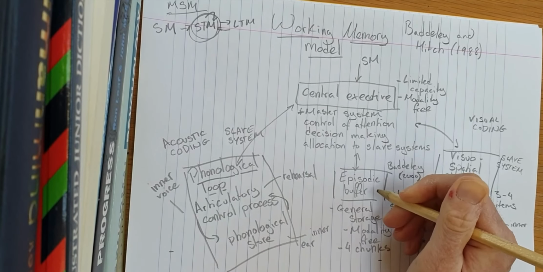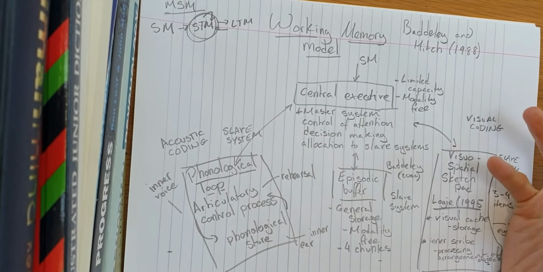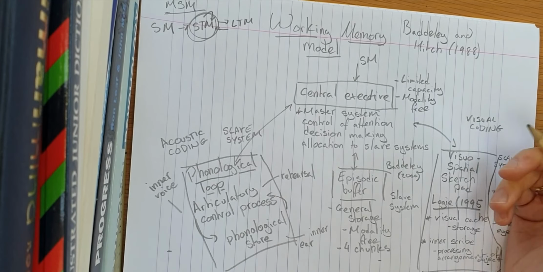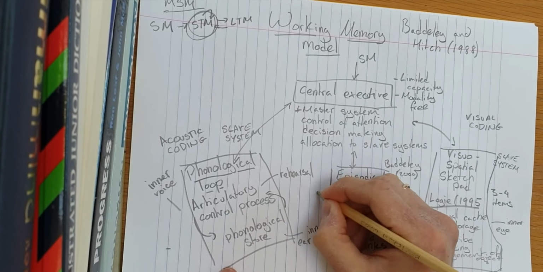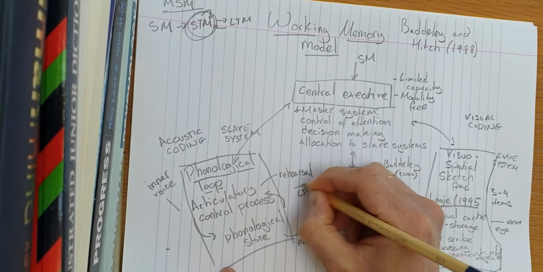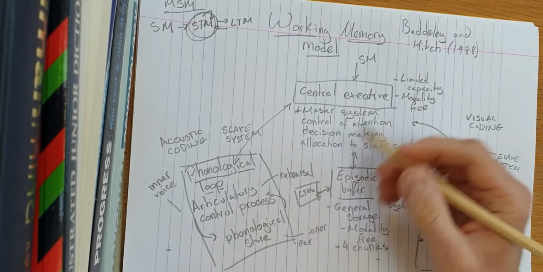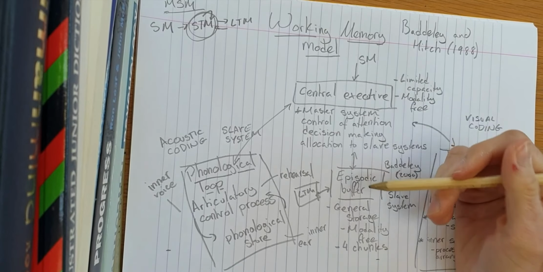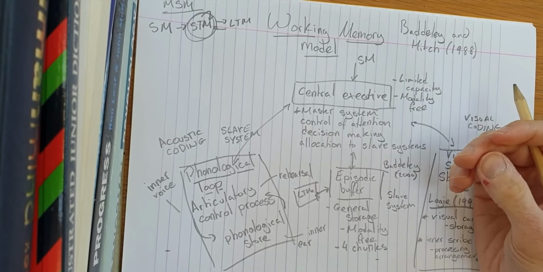So between the episodic buffer, the phonological loop, and the visuospatial sketchpad, we do have now that 7 ± 2 items. The other important bit about the episodic buffer is that it has access to the long-term memory. So if I need to do any thinking about anything that's going to require my long-term memory, the central executive is going to send the episodic buffer to dash off to my long-term memory, which Baddeley and Hitch see like a giant filing cabinet.